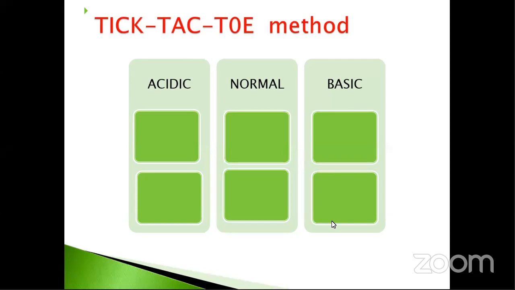This is another maybe funny method of bedside interpretation of ABG. It's called the tic-tac-toe method. It's very easy. As you know, it's one of the indoor games for kids. So you can make the boxes with acidic, normal, and basic boxes. And let us make a trial of this method.